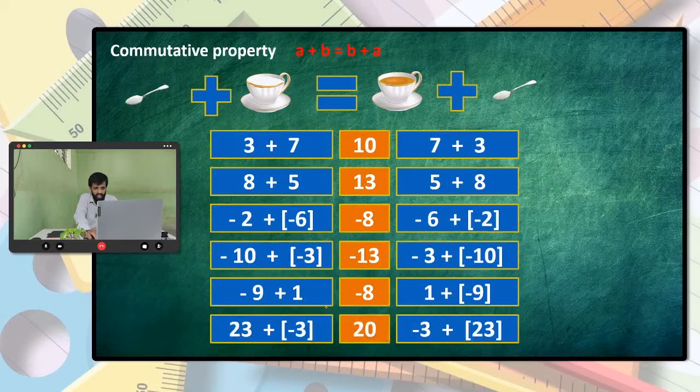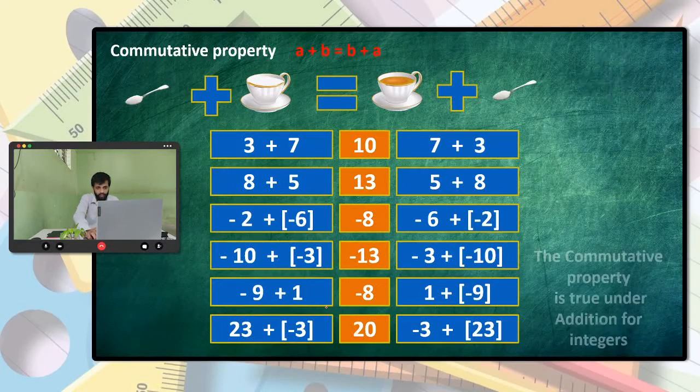So what do we understand here? In both ways, whether I add a plus b or b plus a, my answer remains the same. So I can say the commutative property is true under addition of integers. We have taken two integers and we have added them.